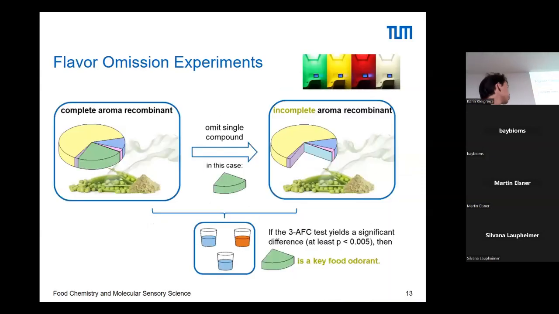So complete aroma recombinants have always been sensory evaluated by means of triangle tests against incomplete ones. So for example, this green pie chart was omitted, and if the panelists recognized a significant difference with at least a p-value of 5%, we could assume that this green pie chart is a key food odorant within this recombinant and thus within the pea aroma.